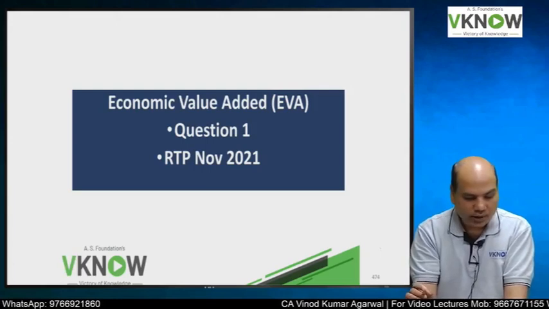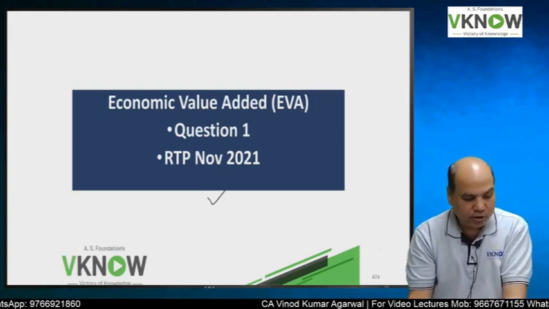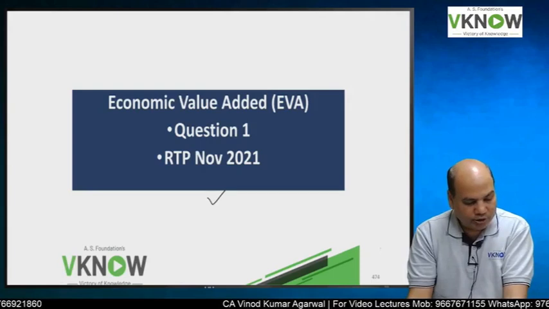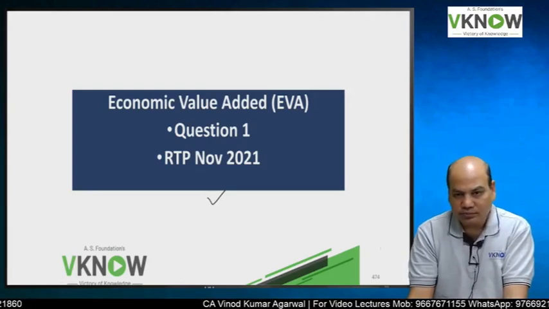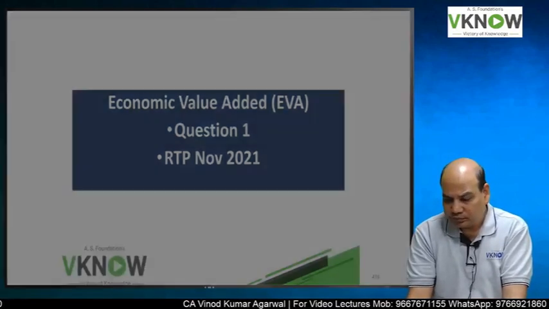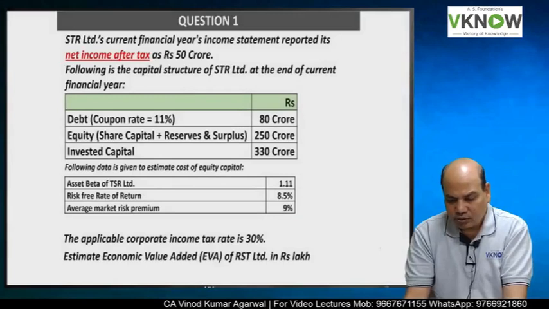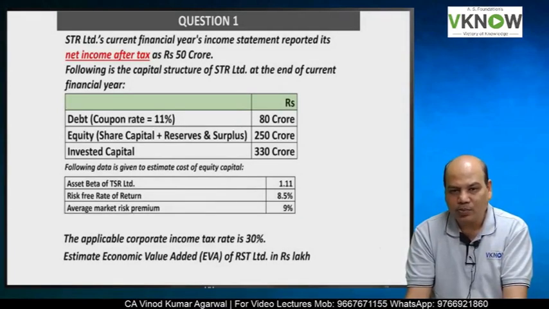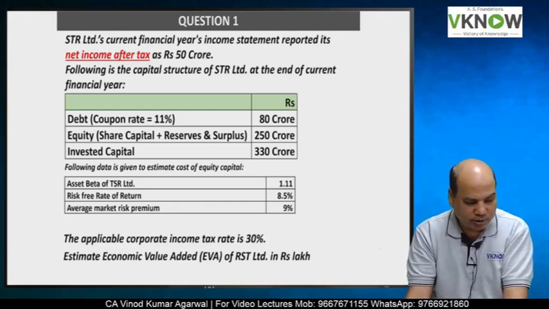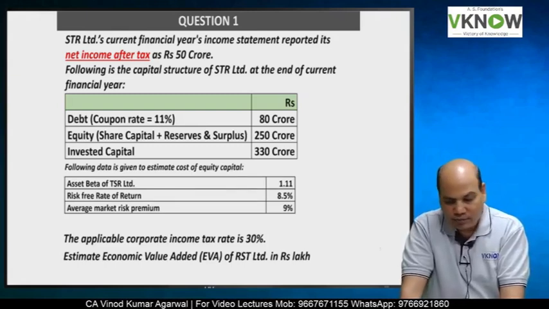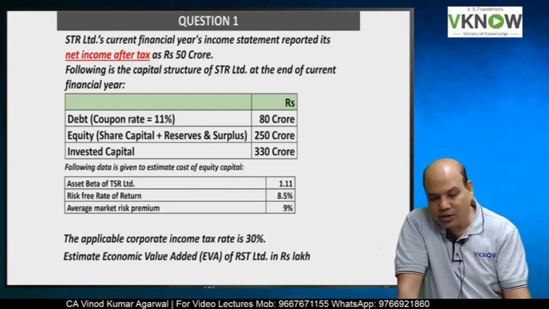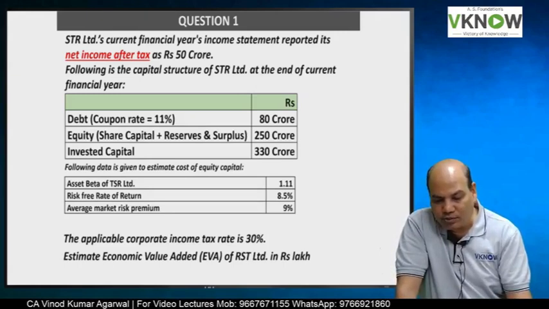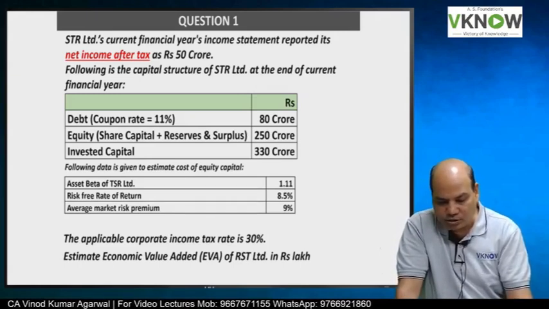Now we'll take one example from RTP November 2021. Write down, important. Similar question they ask in the exam. Not very different. So we'll solve it and I will explain the concept of EVA again with the help of the example. Question number 1. On EVA, STR Limited's current financial year income reported is net income after tax at rupees 50 crore.